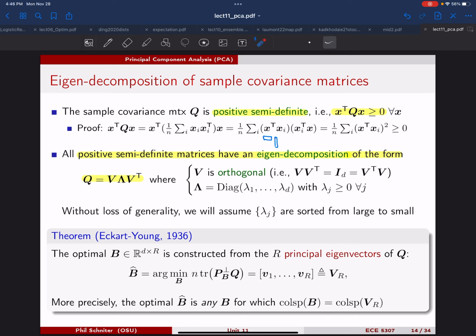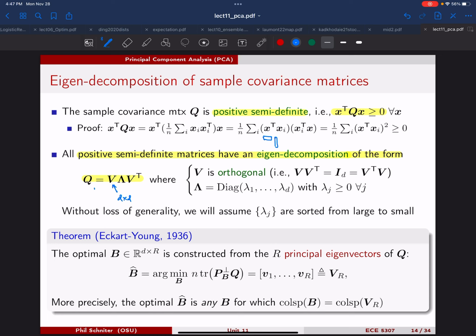Also, all of its columns are orthogonal to each other and unit norm. So in terms of linear algebra, that means that if you multiply V times V transpose, you get identity, or if you multiply V transpose times V, you get identity. And here, I'm writing the subscript D to remind us that this is a D by D identity matrix. That's because this V matrix is a D by D matrix.